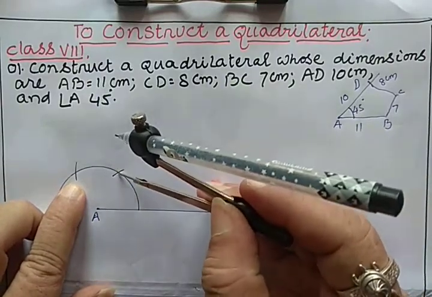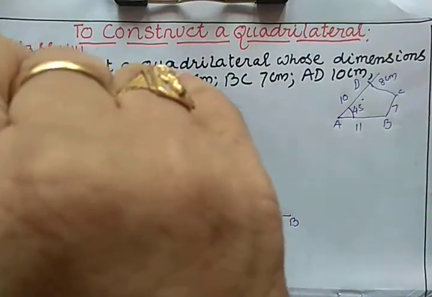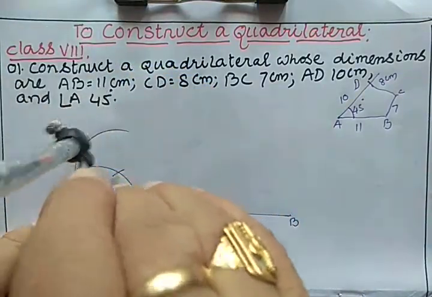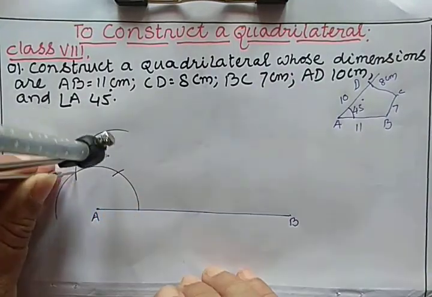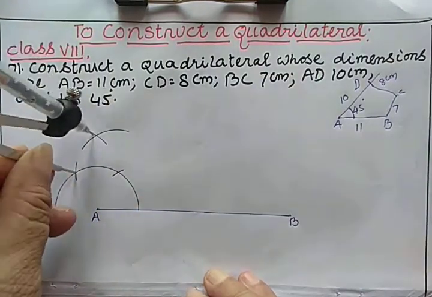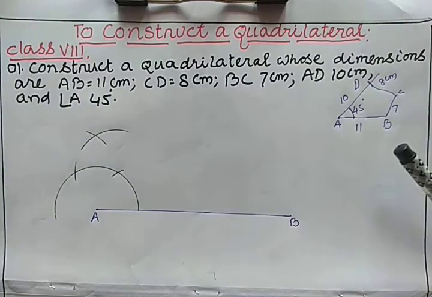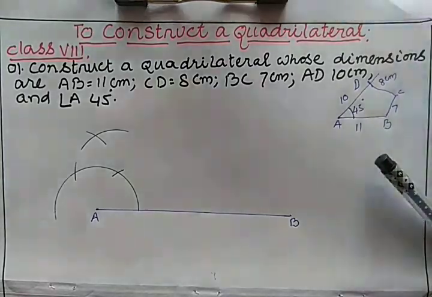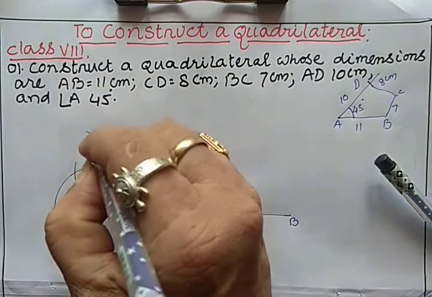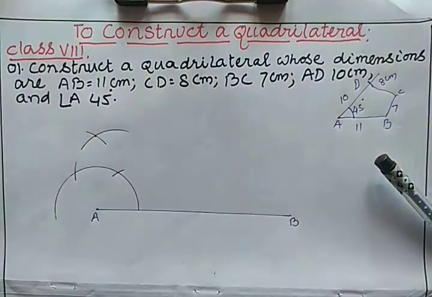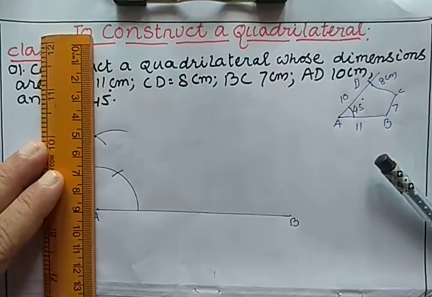To bisect, from here I take one arc. And from 120 degrees I take another arc. Clear? So these two arcs met at one point. And I join this point with the help of a scale.